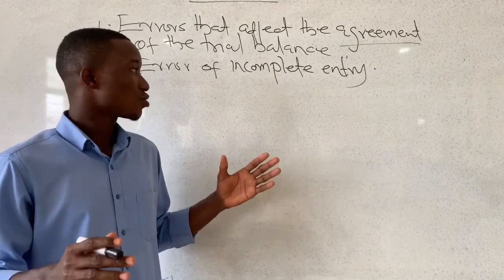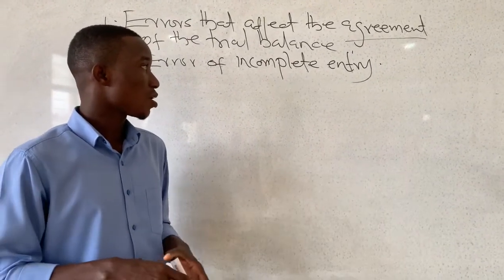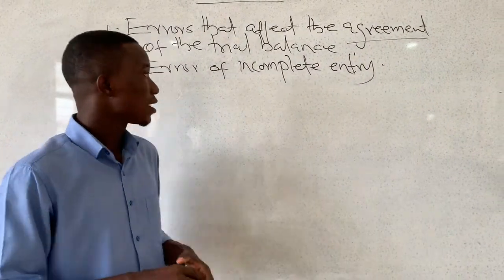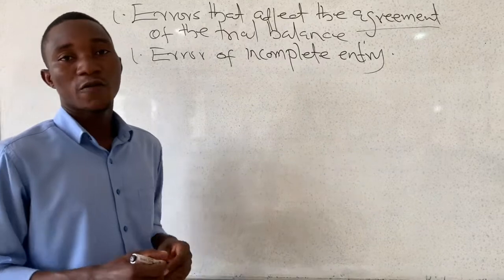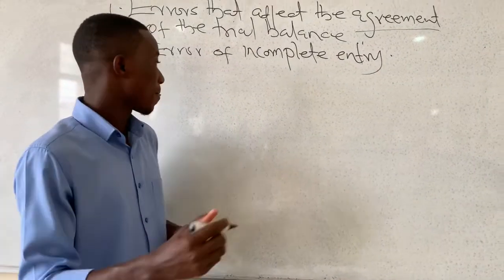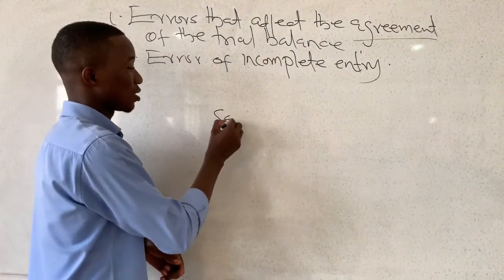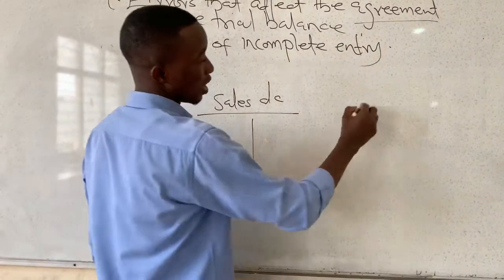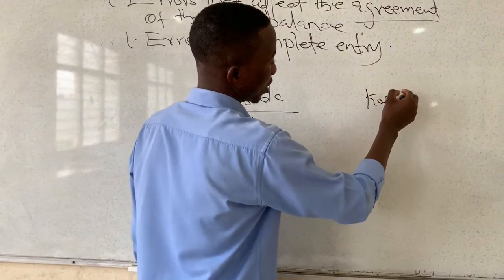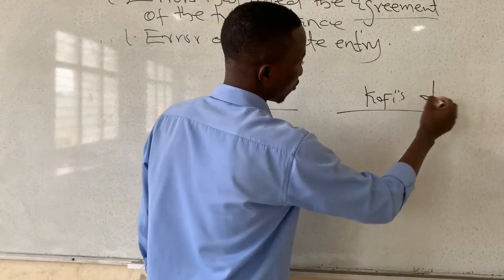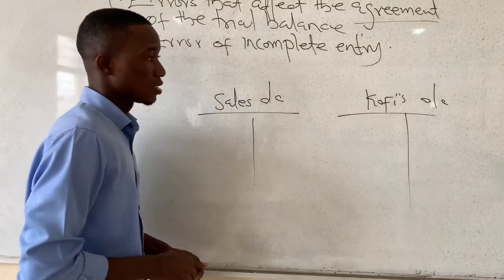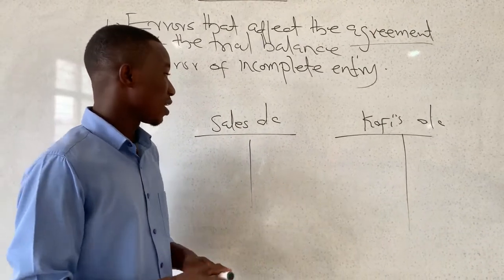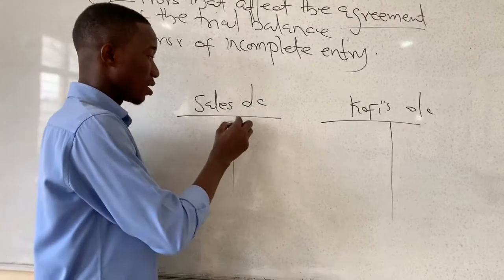So in order to correct these errors, let me first of all give a scenario. Okay, let's say that sales to Kofi $100. Okay, so we'll be having a sales account, and we'll be having Kofi's account. Sales of $100 to Kofi, and then we made a credit entry in the sales account.